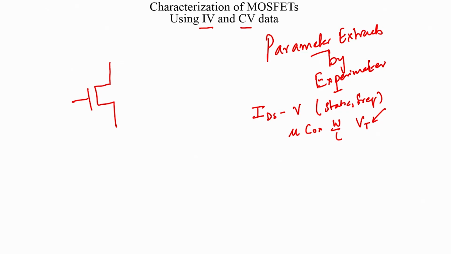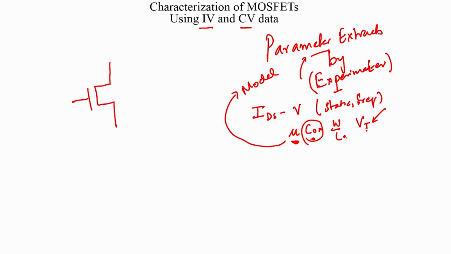Now, after we have built a MOSFET, what are the experiments that need to be performed in order to extract these parameters and start using them to build models, so that we can then predict the behavior of MOSFET circuits or behavior of different MOSFETs with different mobilities or oxide capacitances, etc., by simply using these ideas.